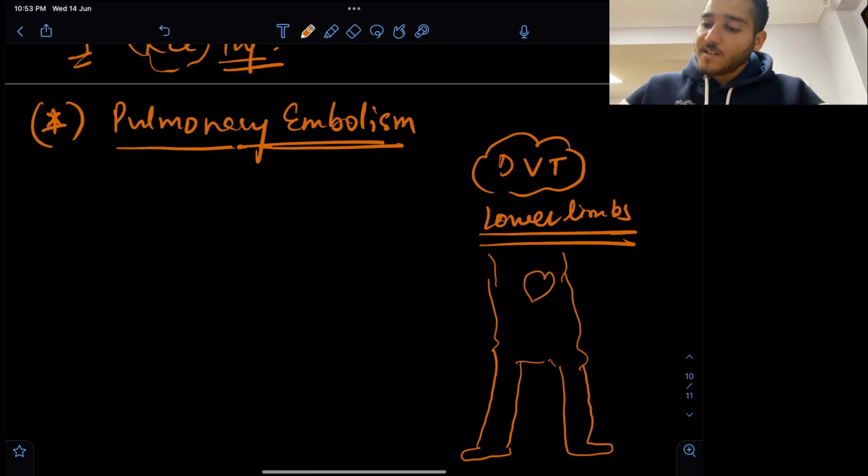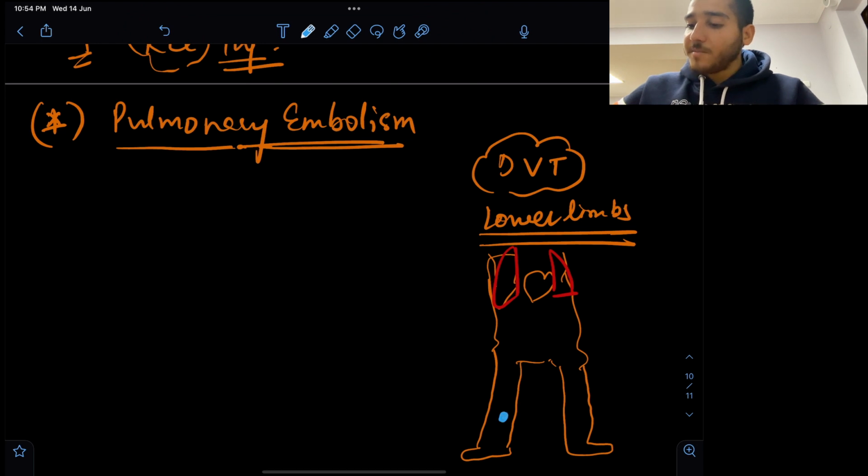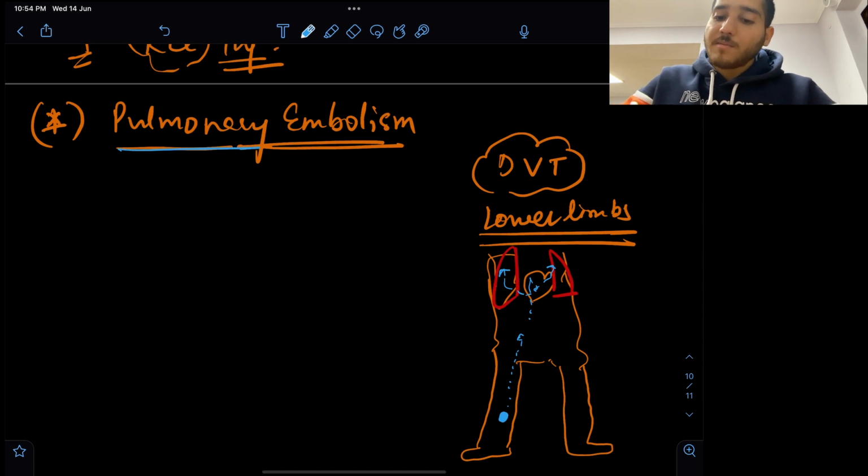Here we have the heart and lungs. Let's say a patient has deep venous thrombosis. This thrombus can go to the heart and then to the lungs. This is known as pulmonary embolism.